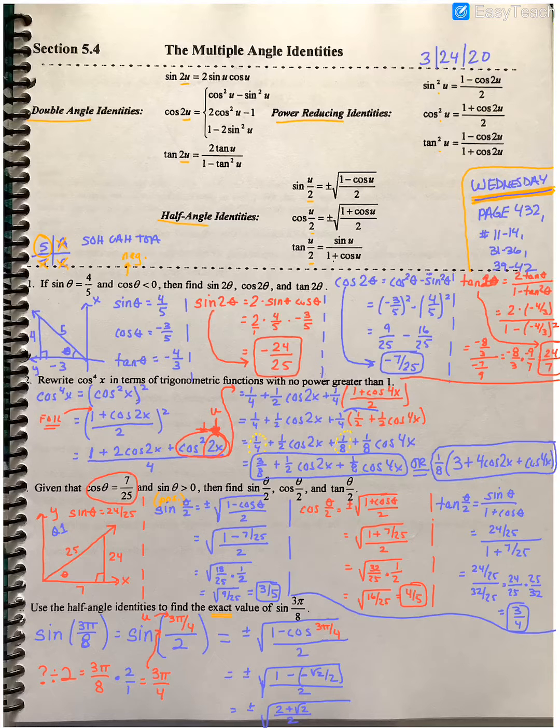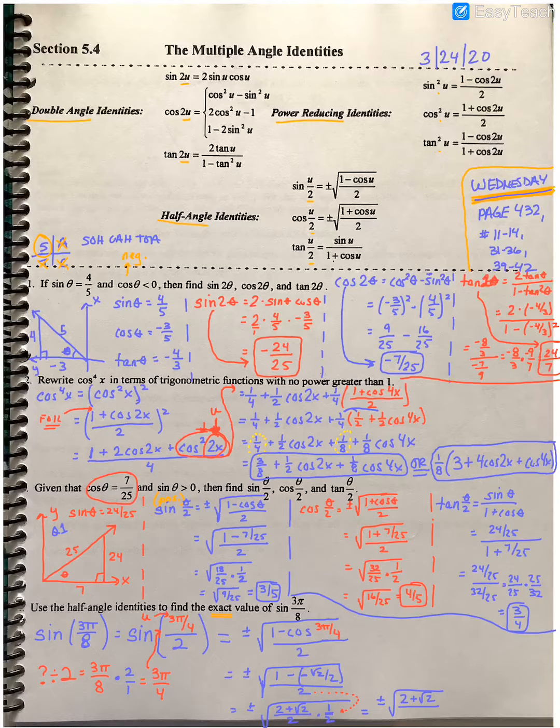Now, the one thing I haven't dealt with is that 2 in the denominator. This 2 in the denominator is dividing by 2. Dividing by 2 is multiplying by 1/2. And so I have a times 1/2 right there. Continuing along, I still have plus or minus the square root, 2 plus square root of 2 on top.